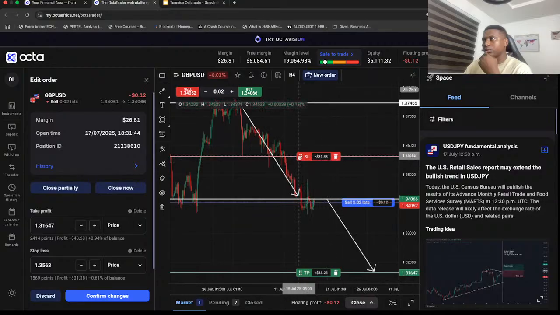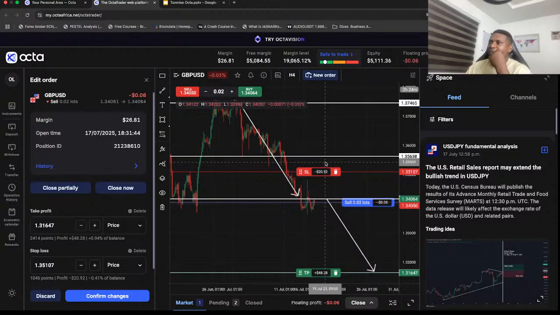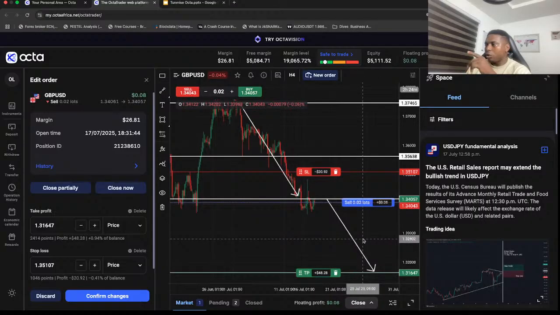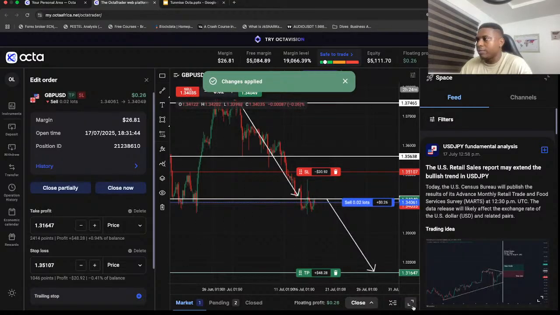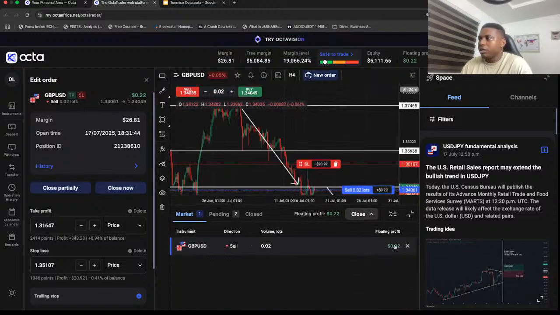Let me put my stop loss right here. Now I've been able to set my stop loss at 1.35107 and my take profit at 1.31647. I'm going to confirm my order, and then my order has been placed. If you look at it currently, it's floating.